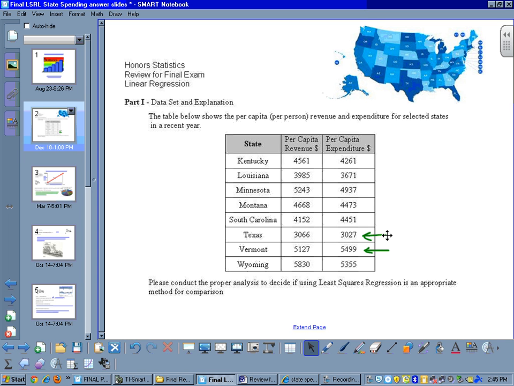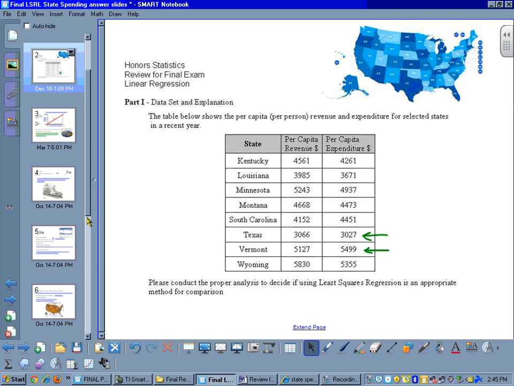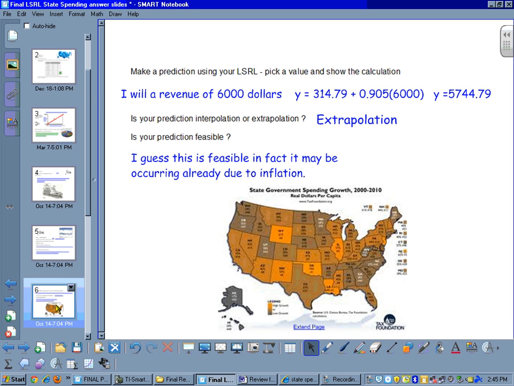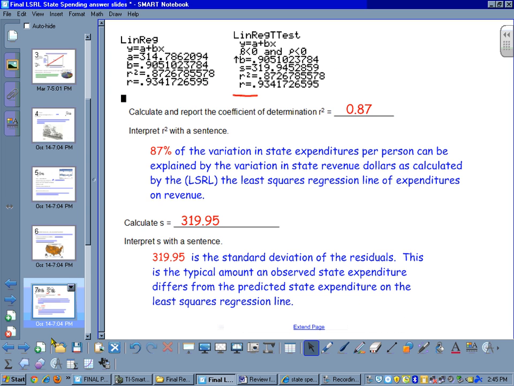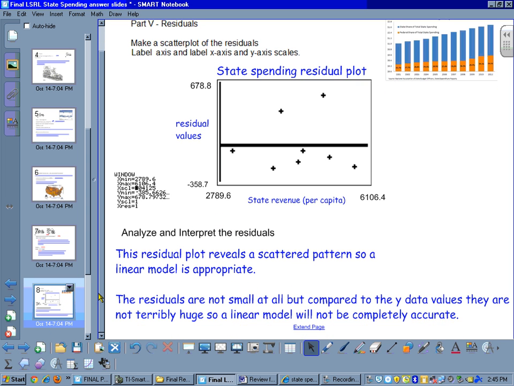That's a range of about 2,500. So while these residuals on this page are not small, they're also not terribly large compared to a scale of 2,500 when we're going less than 1,000 here.